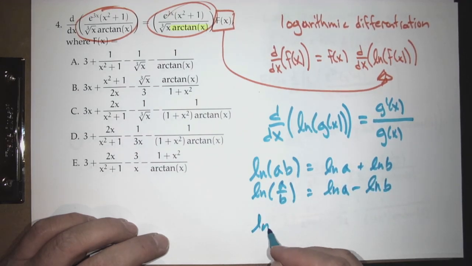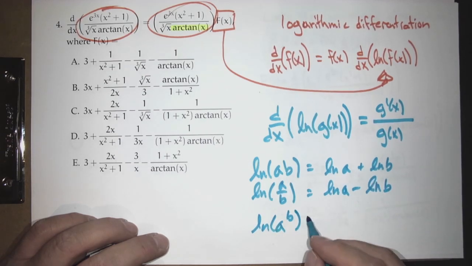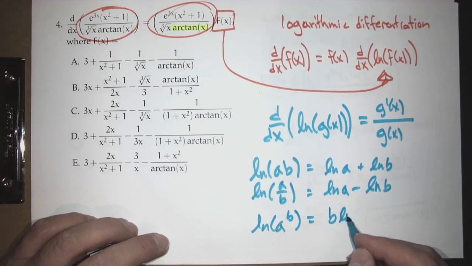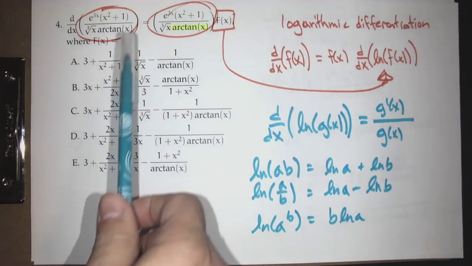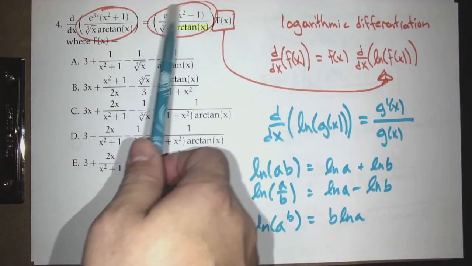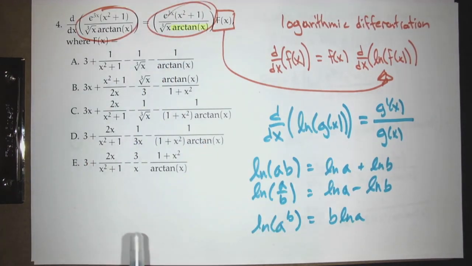What about log of a to a power b? B log a. So powers can come down. All of these are ways that you simplify things. So the goal of logarithmic differentiation is when you have lots of things which are multiplying, dividing things upstairs, take the log, and that says everything pulls apart into easier bite-sized pieces.